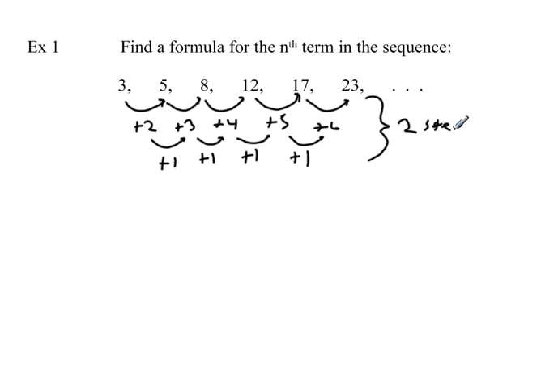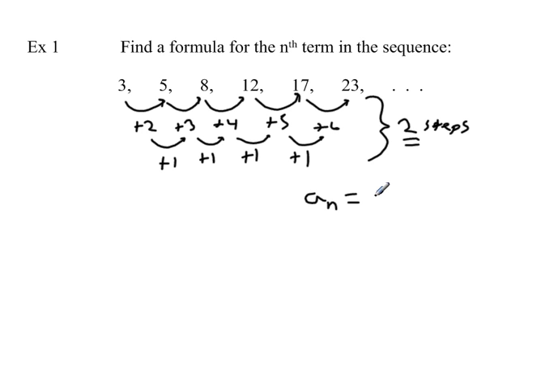Here's what that means. This is not arithmetic, this is not geometric, but it means that we can come up with a sequence, and since it took 2 steps, this sequence is going to involve something to the second power. So here's what our sequence is going to look like. It's going to be a sub n, the nth term, equals a general polynomial function to the second power.